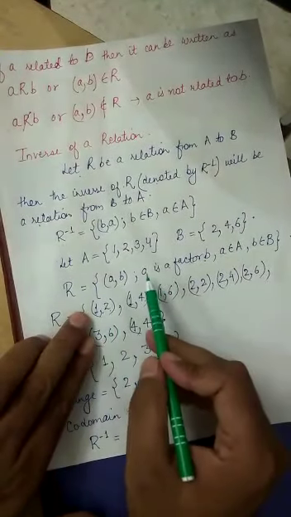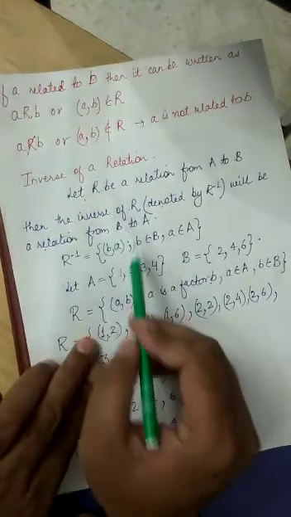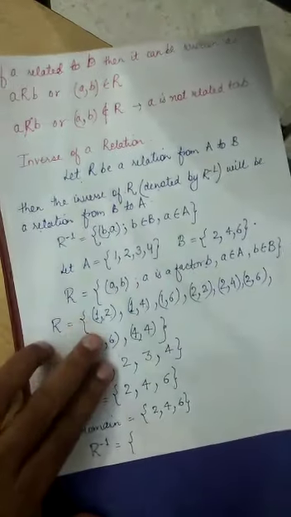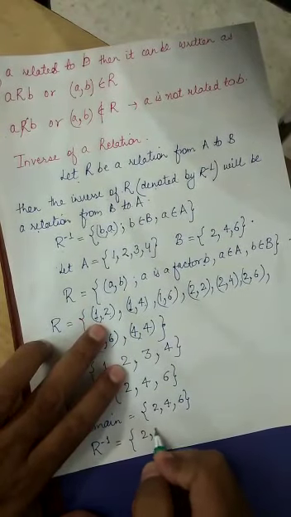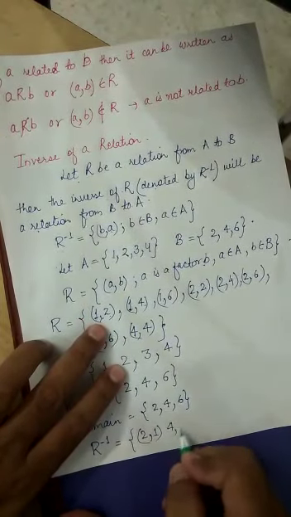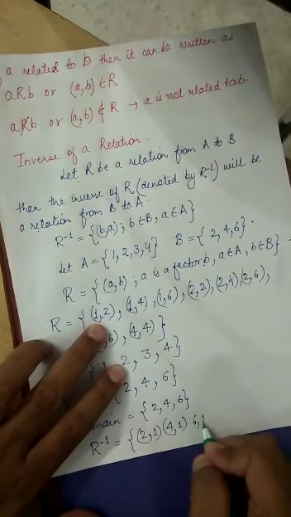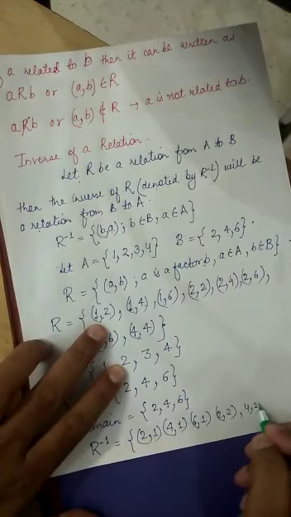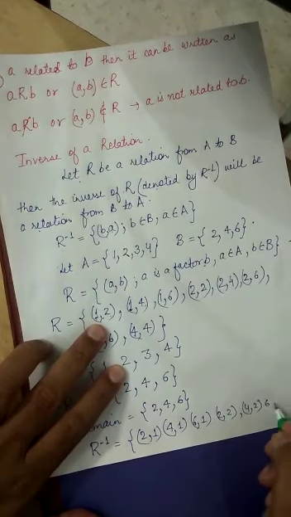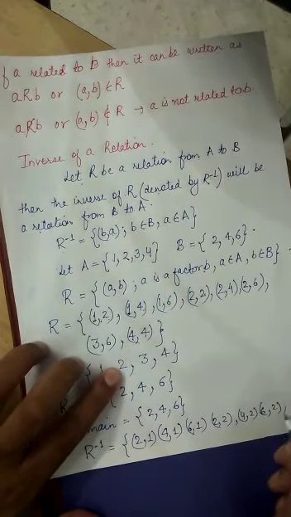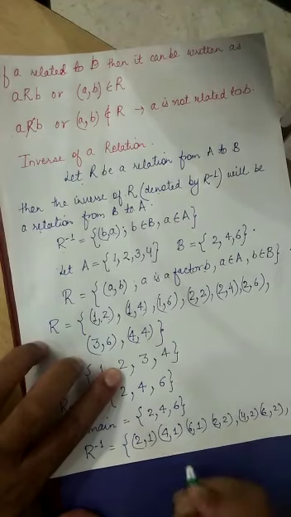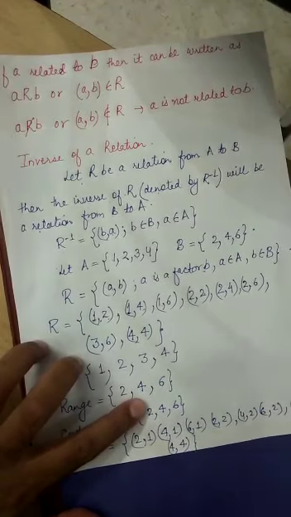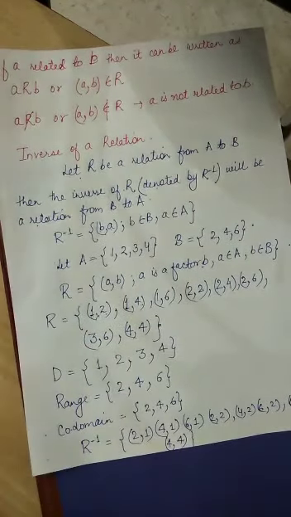Here we have defined R inverse as (b, a), where b belongs to set B and a belongs to set A. That means just reverse it. So (2, 1), (4, 1), (6, 1), (2, 2), (4, 2), (6, 2), (6, 3), (4, 4). So it is the inverse.